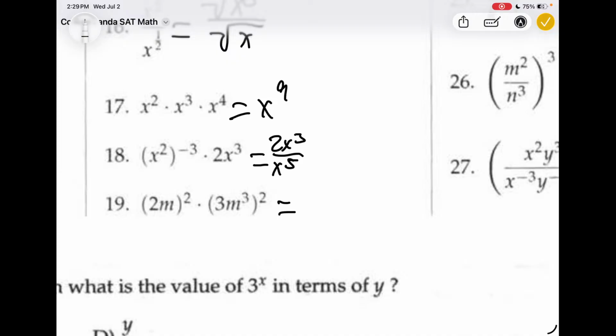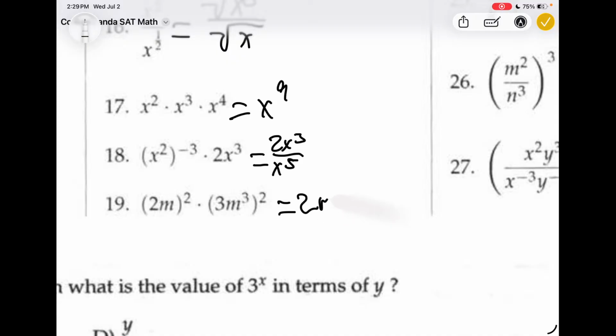I guess since we're simplifying it down, we gotta go back to some of these. But we got, since it's 2 times m, 2m times 2m is 2m squared.